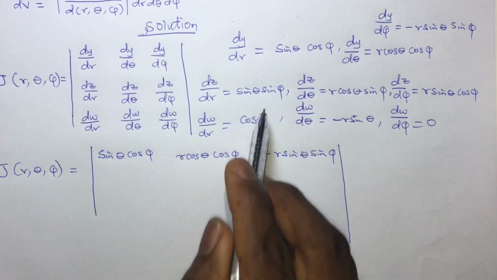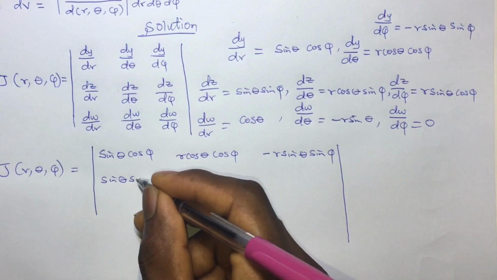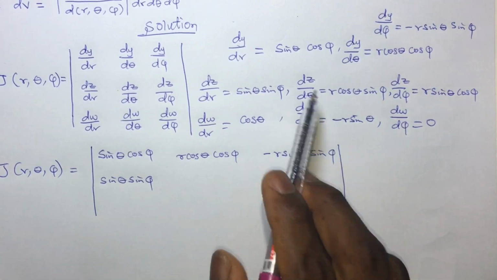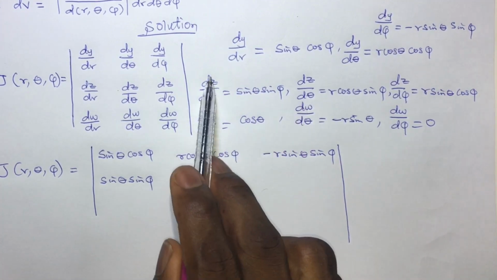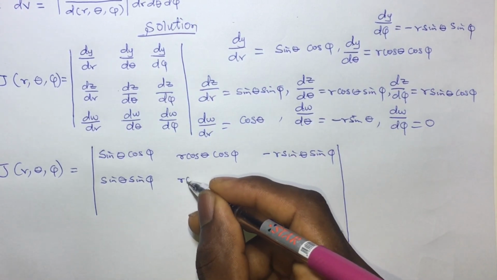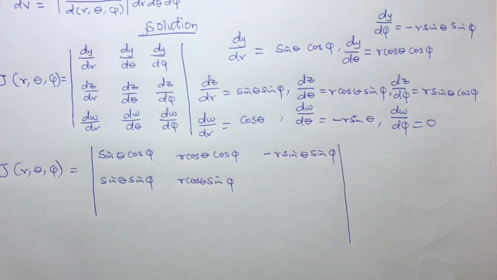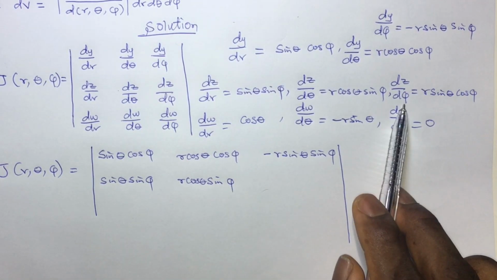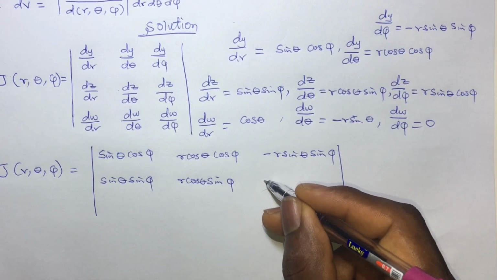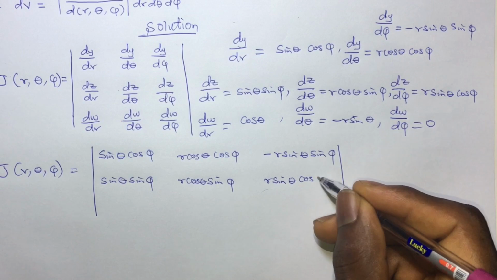So now the z over the r is equal to sin theta sin phi, the z over the theta is r cos theta sin phi, and the z over phi is equal to r sin theta cos phi.